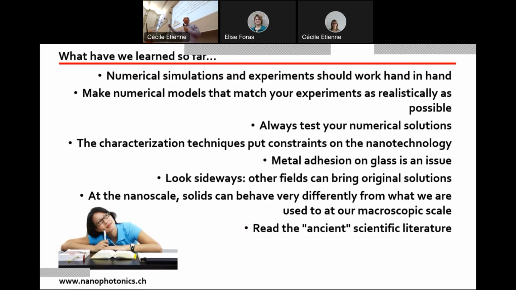We saw this paper about gold becoming liquid at the nanoscale was from 1975. So going and looking in this old literature, in papers that are actually not anymore reference, because when you write a paper, you just want to reference the possible referees, so you don't care about those that have passed away. So keep looking at publications that are 20, 30 years old.